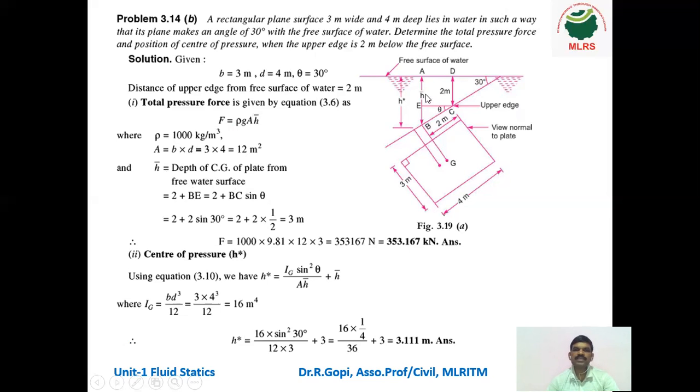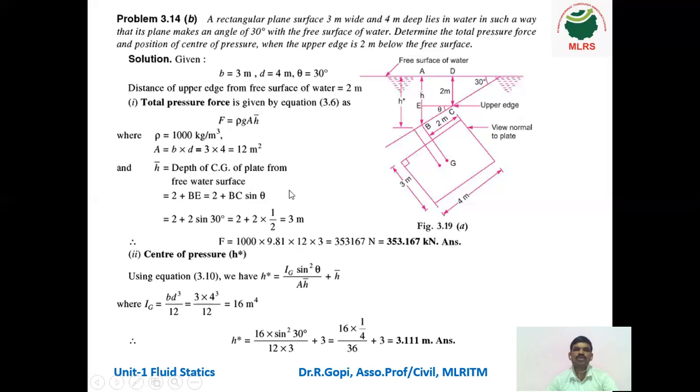So here you can see h bar is from the free water surface to the center of gravity point. We already know that up to the upper edge it is 2 meter. Now we have to calculate from this E point to B point, that means BE. Once you find this BE, you can add this 2 meter, and we get the overall depth of the center of gravity point.